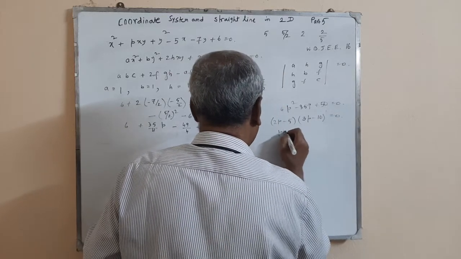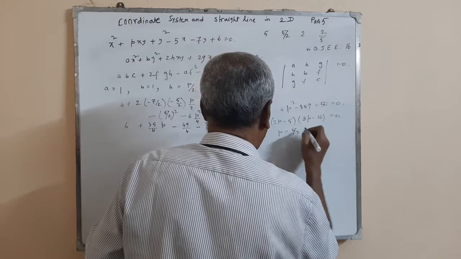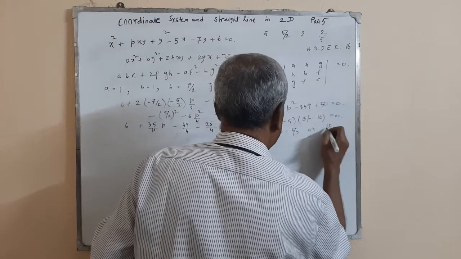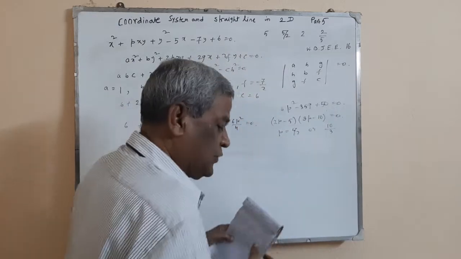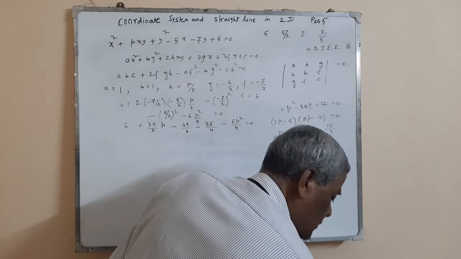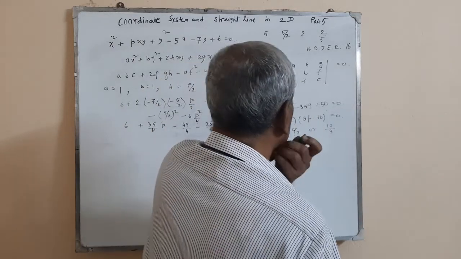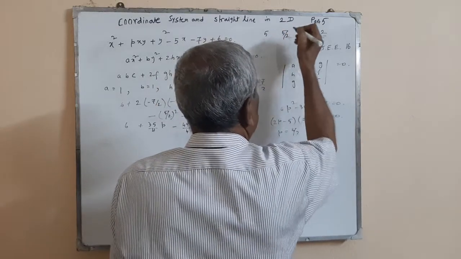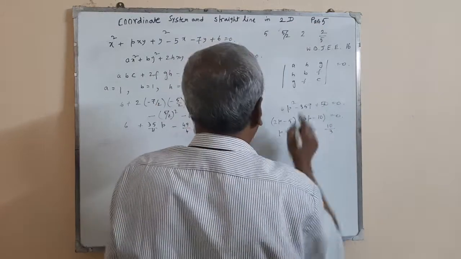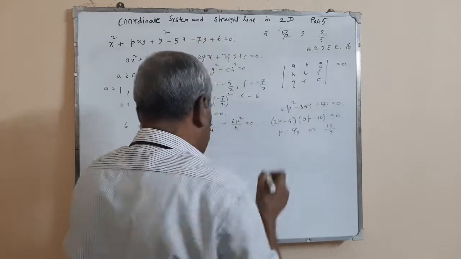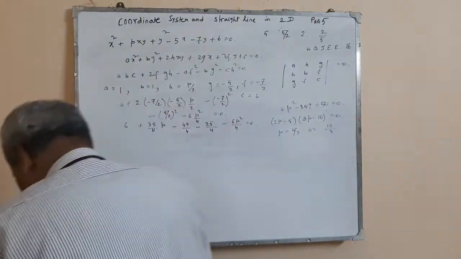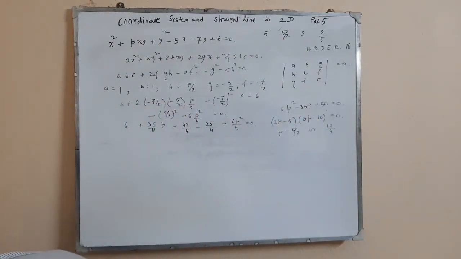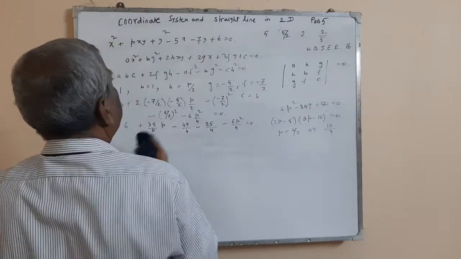That is, P is equal to 5 by 2 or 10 by 3. So actually P has two values, one is 5 by 2, other is 10 by 3. So 5 by 2 is given in the option. So our correct option is this, B, 5 by 2. Next.